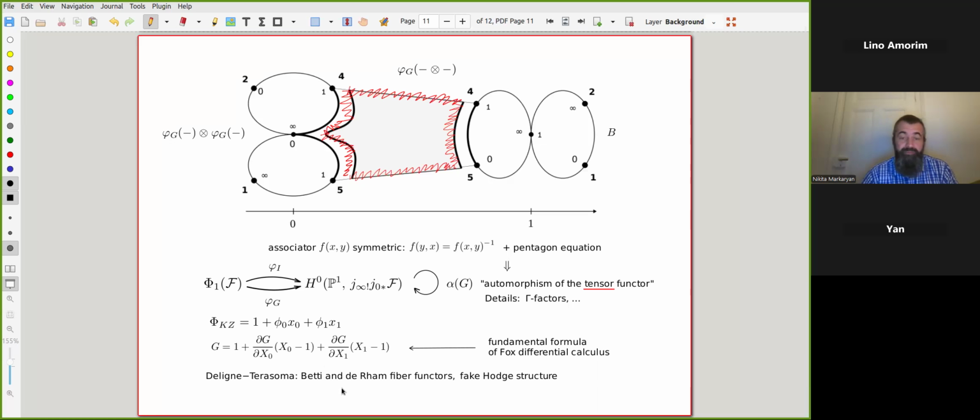So in fact, in the interasoma approach, as far as I understand, they have two functors, kind of Betti and de Rham functors, and essentially they prove only that the Knizhnik-Zamolodchikov equation satisfies double shuffle relations, and in general they use some gadget that they call fake Hodge structure, and I don't understand what it means in fact.